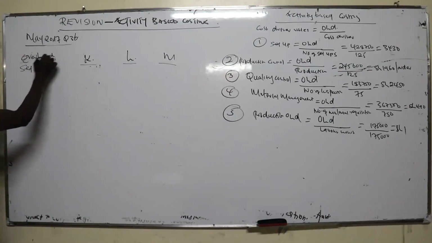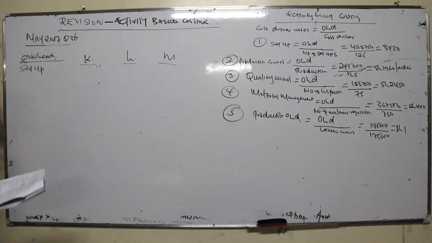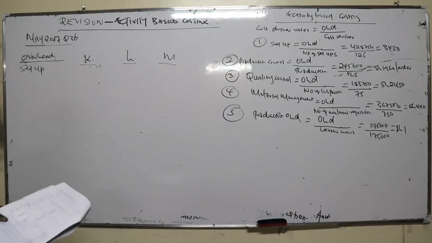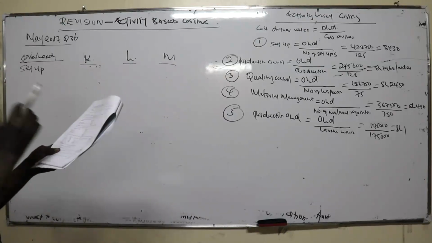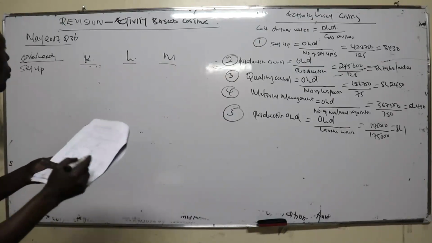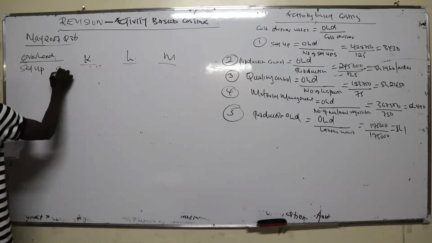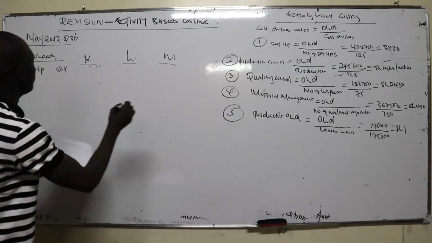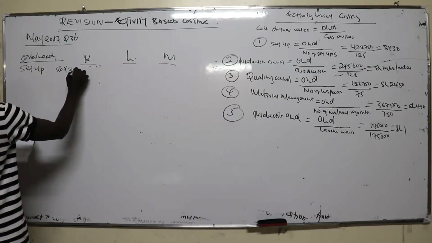So for setup, we're going to multiply the total number of setups, which for product K is 80. You multiply by 3430.